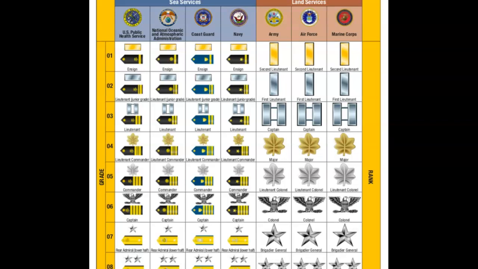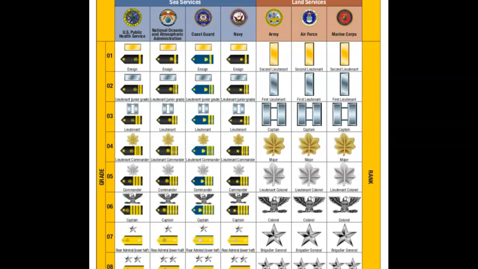It was at the 03 grade, captain rank, that I transferred my commission over to the U.S. Public Health Service. So then I became a lieutenant, although I was still at the 03 grade. And then I promoted through 04, lieutenant commander, 05, commander, and that is the place where I retired.